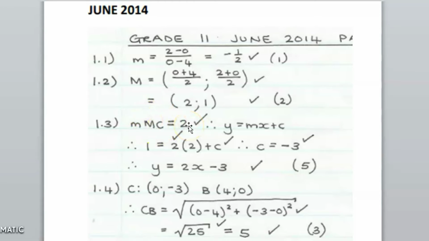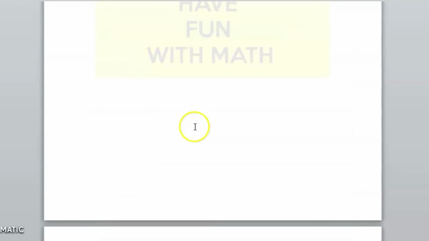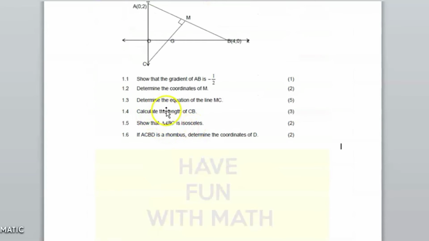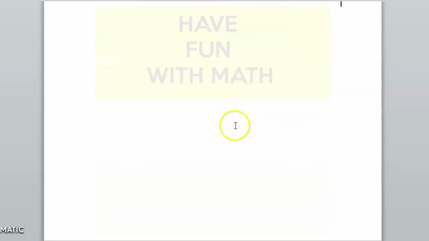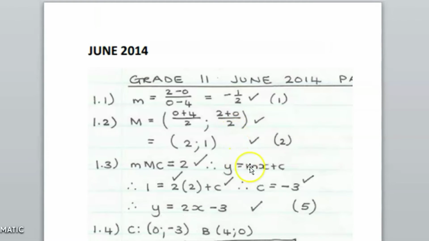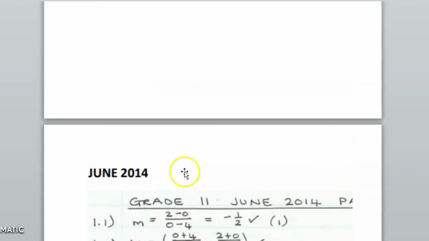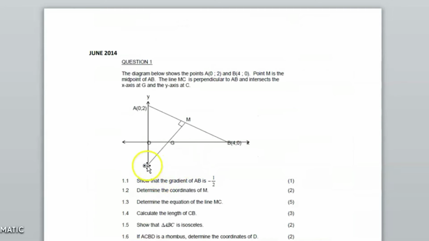Now remember the question said calculate the equation of the line MC, not the gradient only. So now that you have the gradient, you have to calculate the equation. The standard formula of the straight line equation is y = mx + c, and then we want this line.